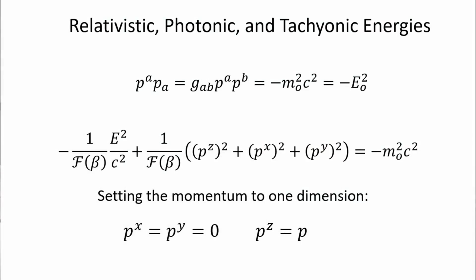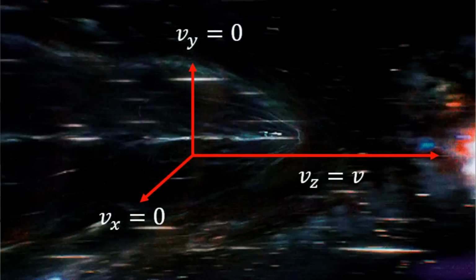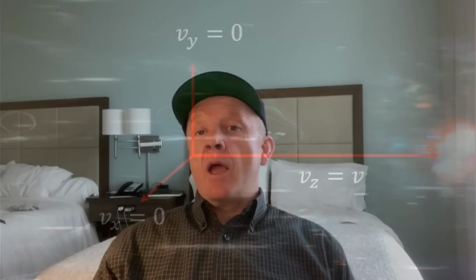So here in this case, we combine them together and we can see we have our energy, and then each of our spatial momentum vector components are combined together. For simplicity, we're going to assume that our momentum in the x direction and our momentum in the y direction is 0, and we're only dealing with one-dimensional momentum along the z-axis.